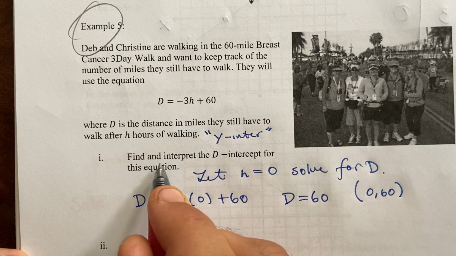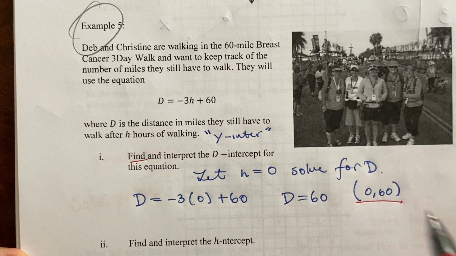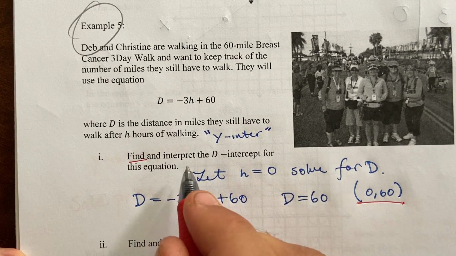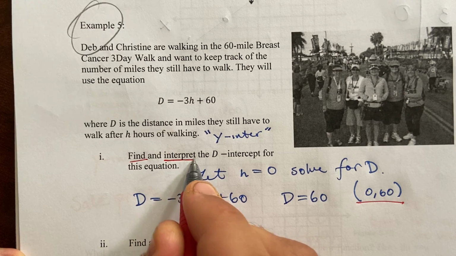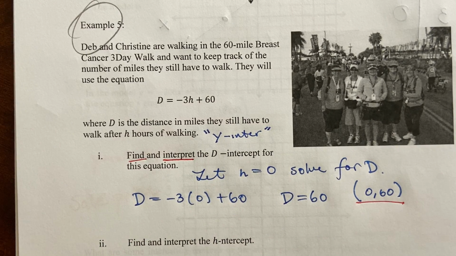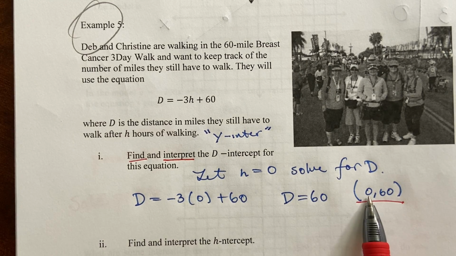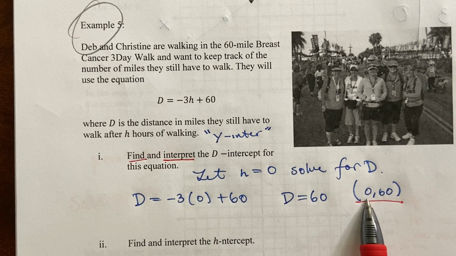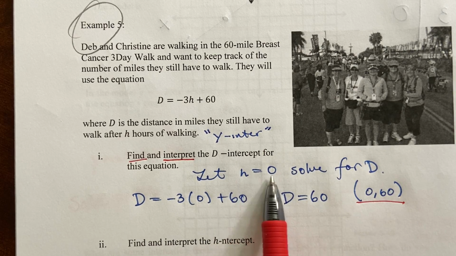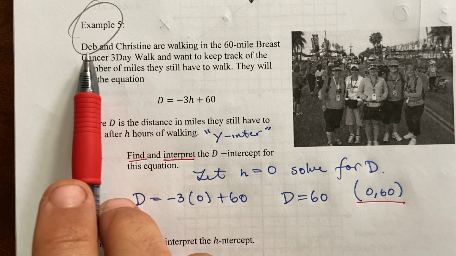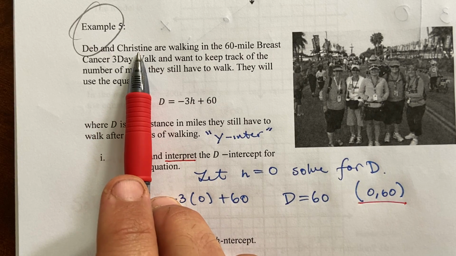But it says find, so that's what we just did there, but it also says and interpret. Okay, so that interpretation is important also. So not just finding the point, but what the heck does that point mean? So we plugged in 0 for h. What does that mean physically for this walking pair here?